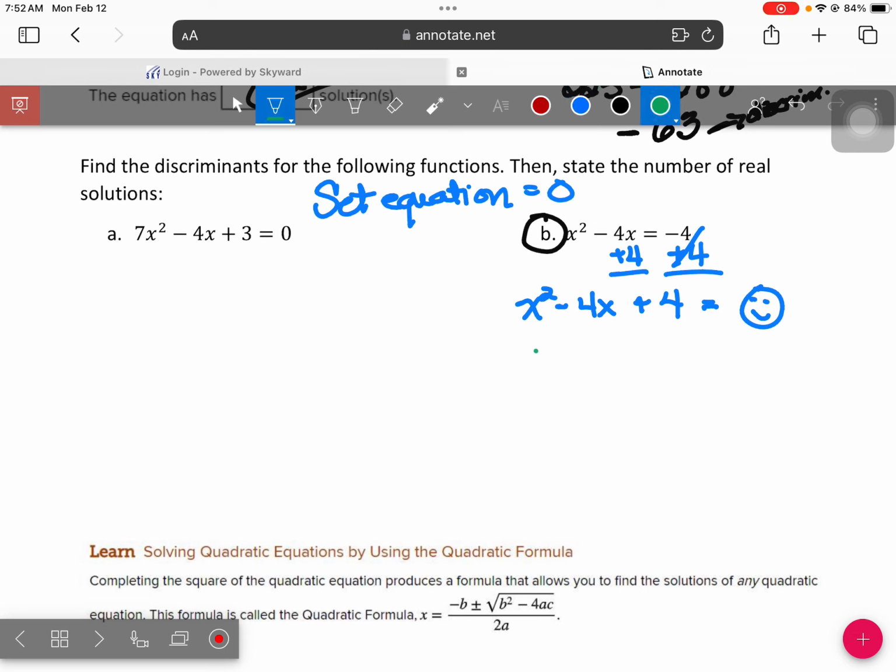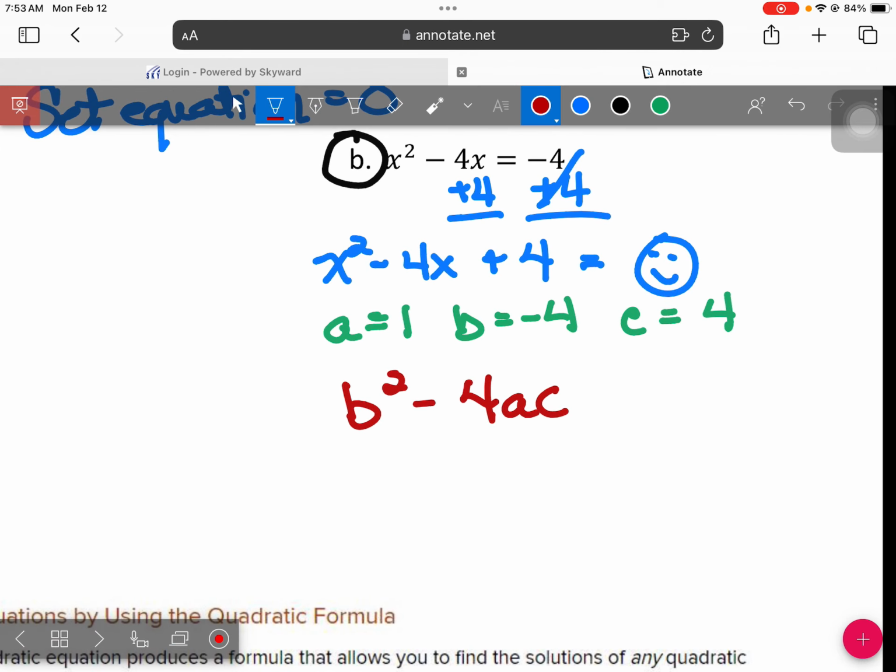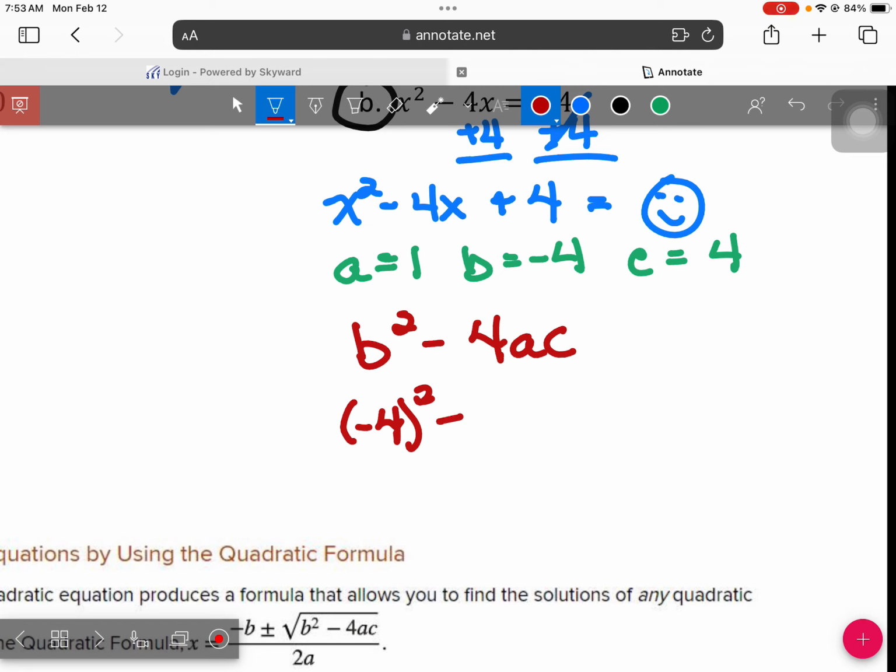And if you want, let's just go ahead and say a equals 1, b equals negative 4, c equals 4. You don't have to. And then we want the discriminant, b squared minus 4ac. So b is negative 4 squared. Put that in parentheses and square it. Minus 4 times my a value, which is 1, times my c value, which is 4.